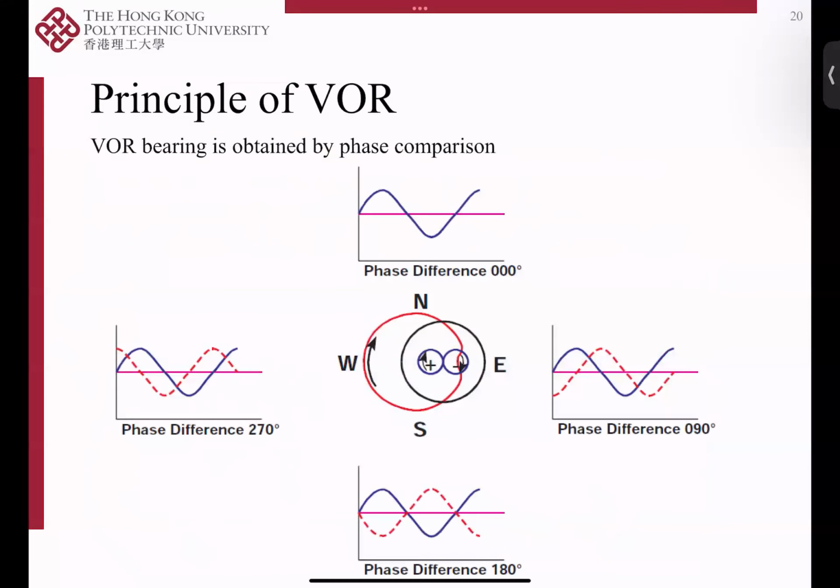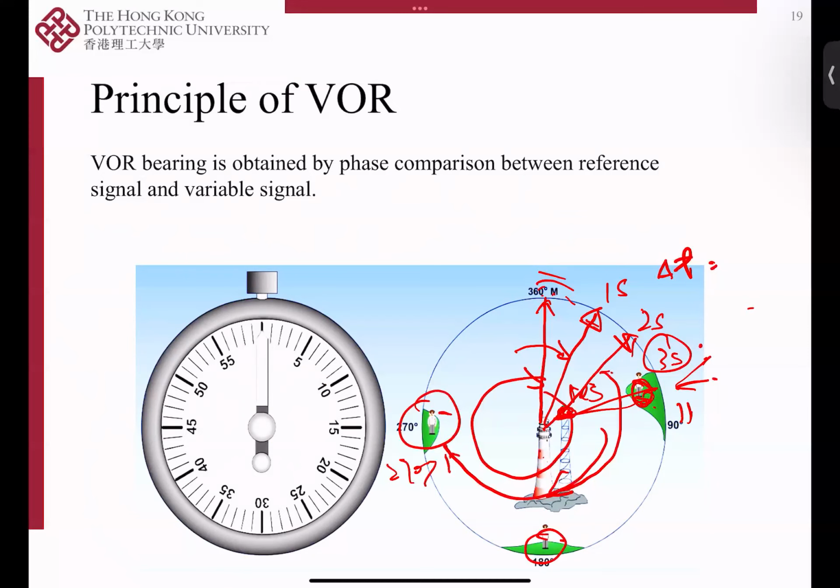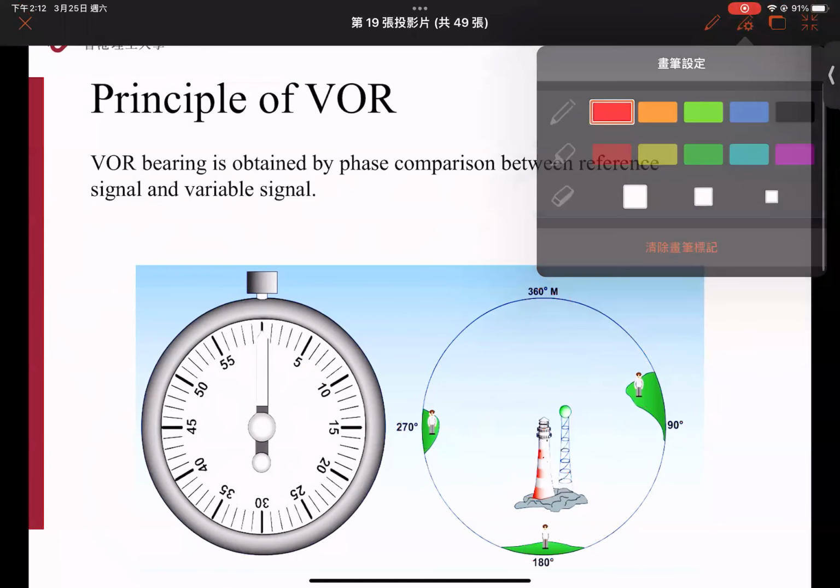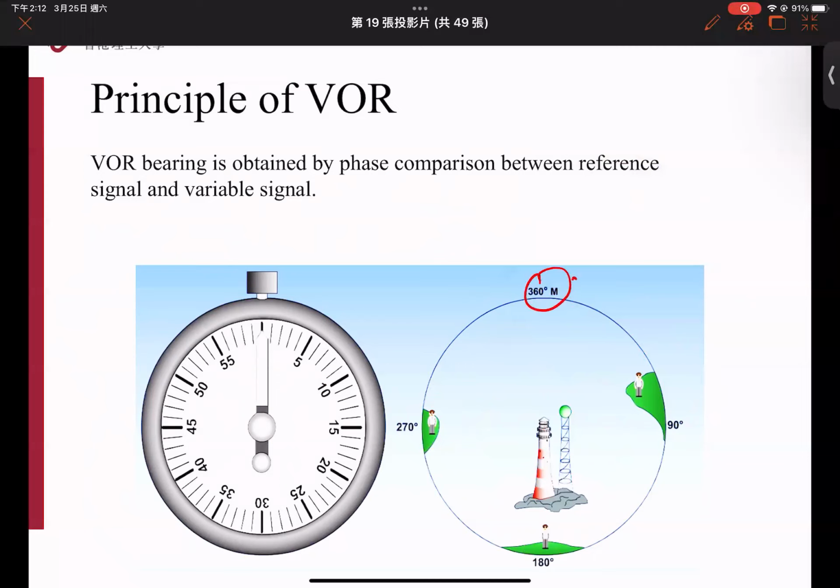Because it's related to the difference of time, you can also make use of the phase difference to do so. If the signal is received in the north, because they are being received simultaneously, the phase should be the same. The difference in phase equals 0.